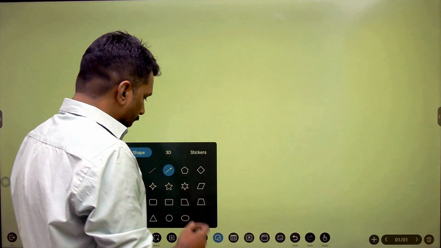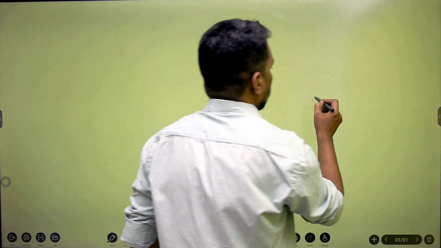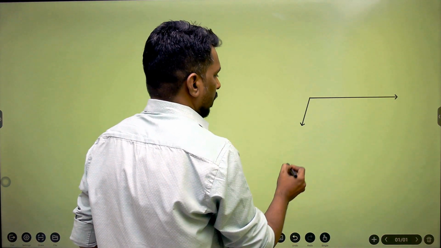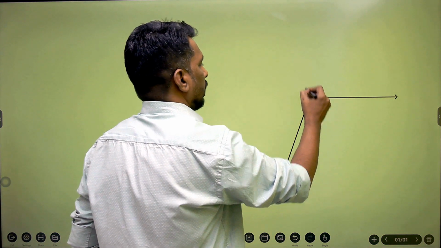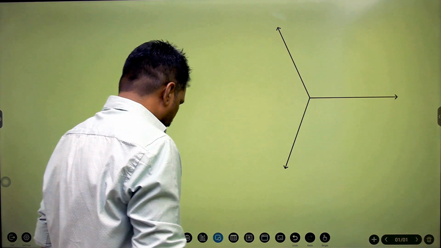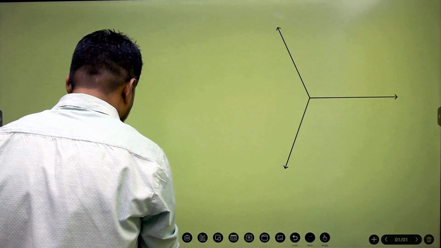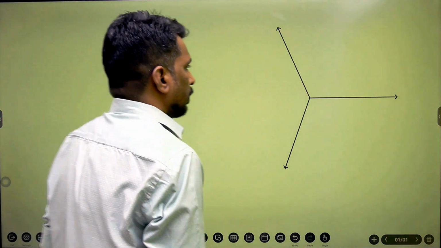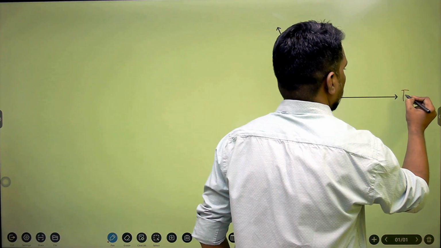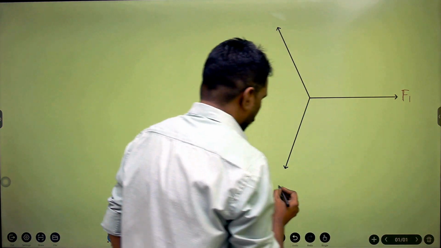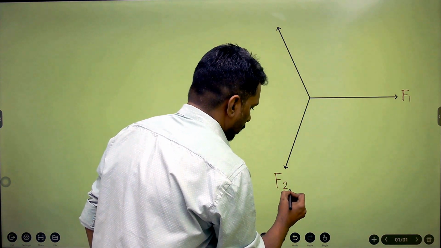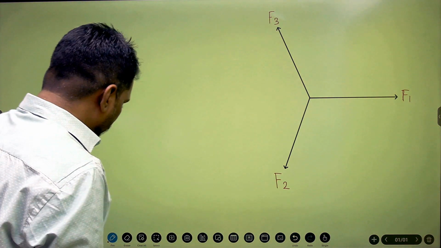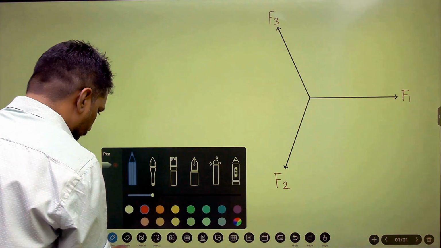I'll take three forces. Let this be F1, then I'll take another force F2 at a certain angle, and then the last force, that is F3. So this is F1, then F2, and finally F3. I'll mention the angles between these forces as well.